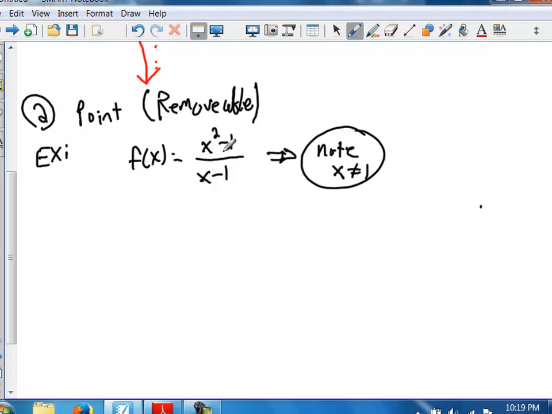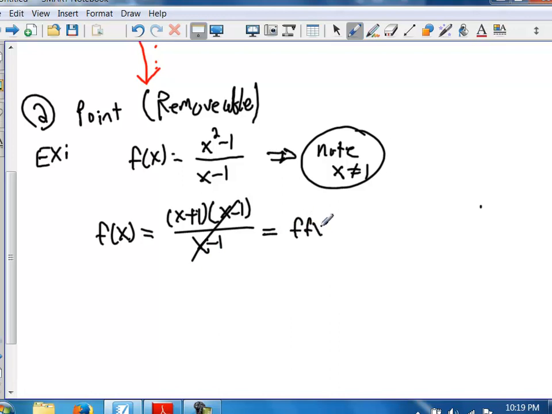But in this one case, we know that f of x is really equal to x plus 1 times x minus 1 over x minus 1, and this cancels. So f of x is really equal to x plus 1 if x is not equal to 1. If x equals 1, then we have a big problem. We have 0 over 0.